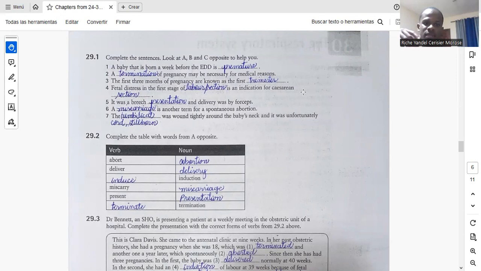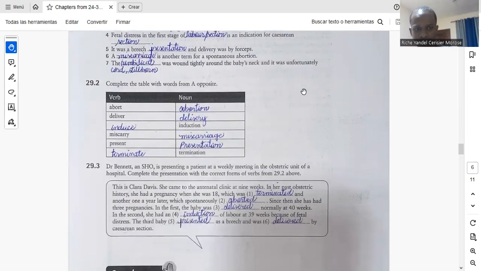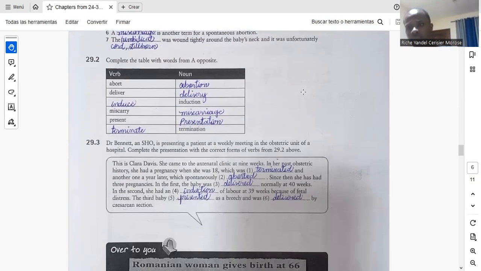It was a breech presentation and the baby was delivered by forceps. Miscarriage is the normal term for a spontaneous abortion. The umbilical cord was wound tightly around the baby's neck. It was unfortunately stillborn.